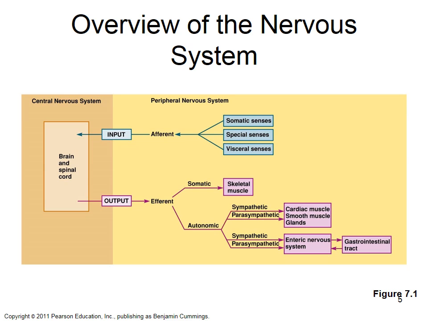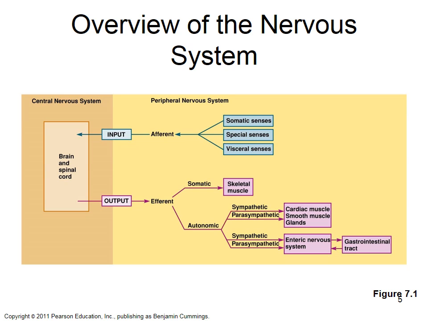The afferent branch sends signals to the brain and spinal cord. Those signals are your somatic senses, that's sensations coming from your skin surface, your special senses, that's vision, smell, taste, hearing, and then your visceral senses. That's information coming from your visceral organs.